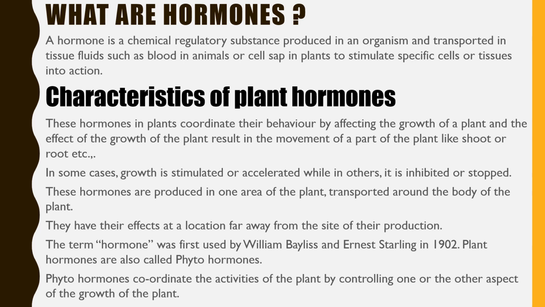Phytohormones coordinate the activities of the plant by controlling one or the other aspect of the growth of the plant. Activities means opening and closing of stomata, fruit ripening, falling of leaves, cell elongation, cell division, etc. All the activities of plants are regulated by plant hormones.